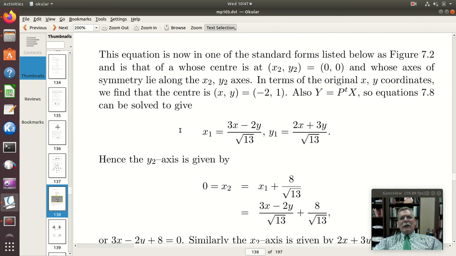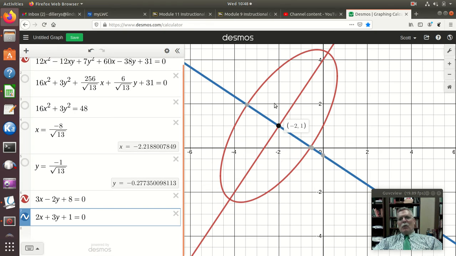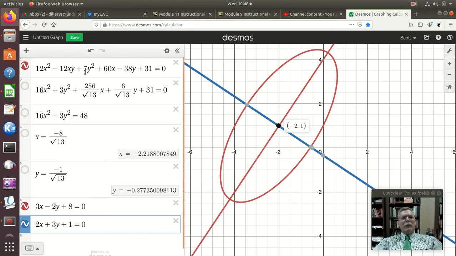So that's an ellipse. Okay, so they were working with an ellipse, and those are the steps they're going through, and it is a way to get at what the heck you're dealing with here. So I've got this. It would be nice to know where its center is. Okay, so we got its center out of this.